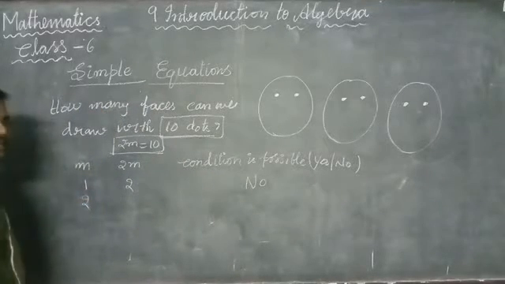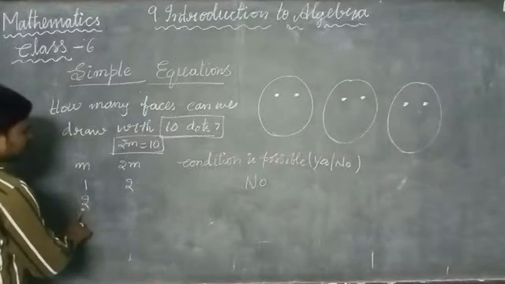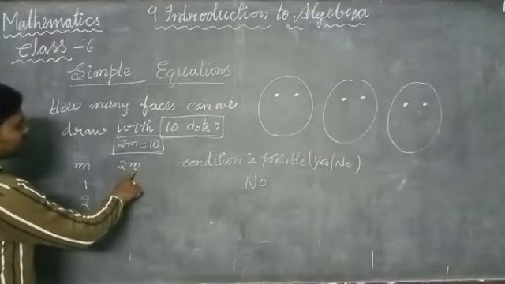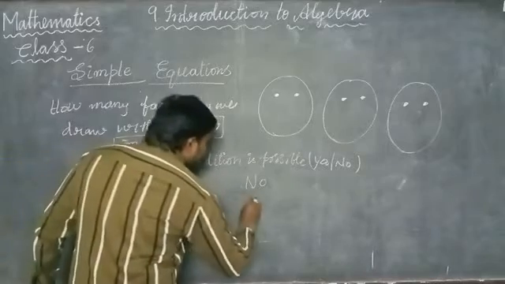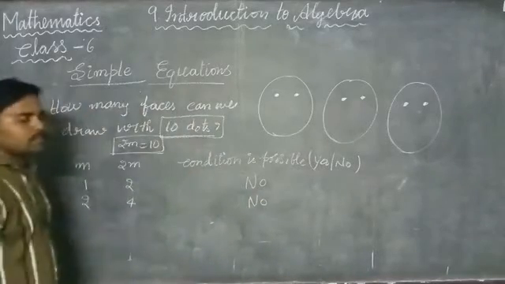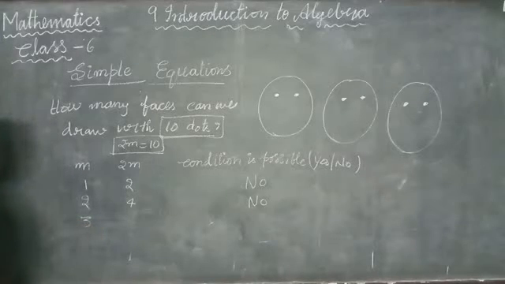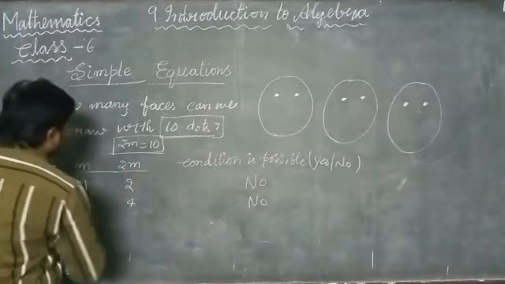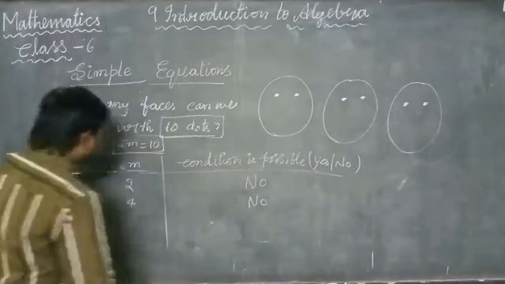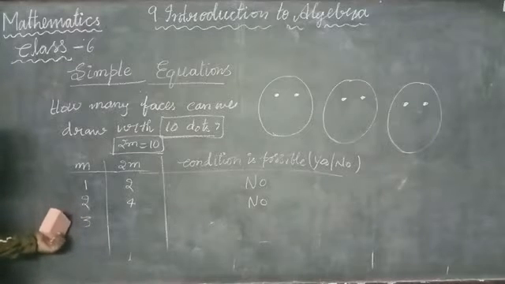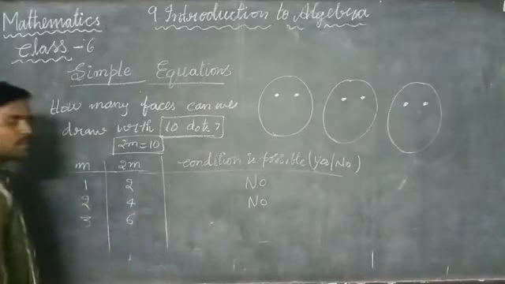Now let us take 2. If you substitute 2 in place of m, 2 into 2 is 4. Is it possible for the given condition? No. Like that, let us assume that the value of m is 3, then it equals 6.